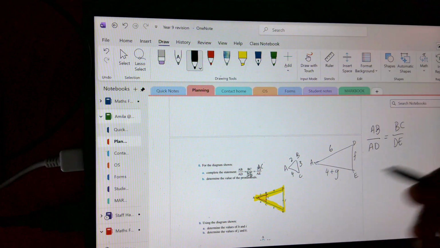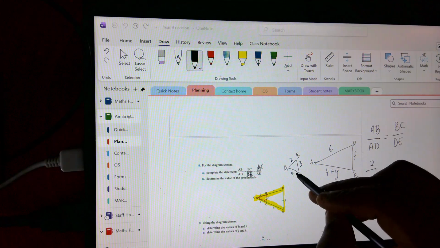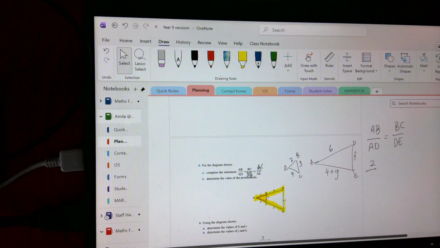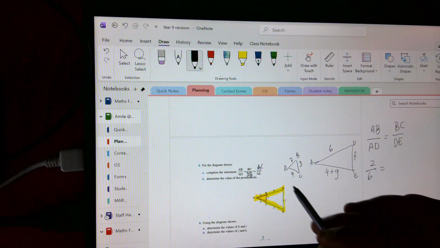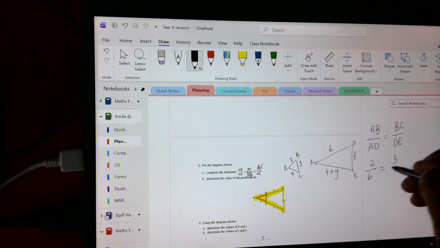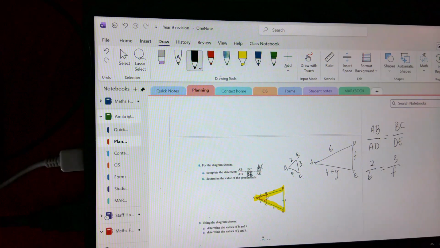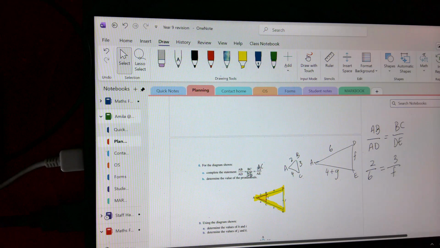So we know that AB is 2 over AD, which is 6. BC is this distance here, 3, and DE is this distance here, F. I'm going to solve this part first.